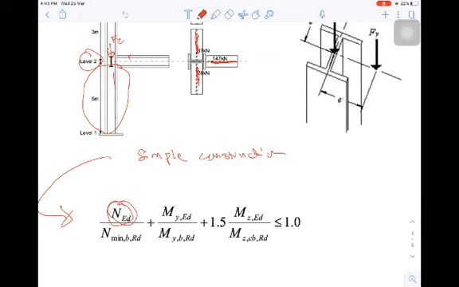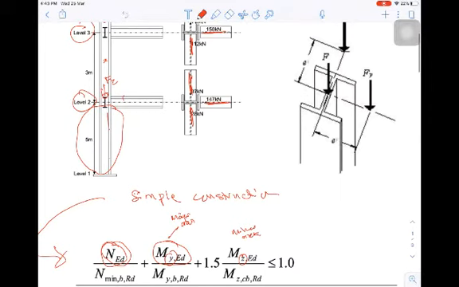Now, what is MYED? That is the moment transferred to the column at the major axis, whereas MZED is at the minor axis. Now, how to calculate MED? For example, you want to calculate the moment at the major axis.